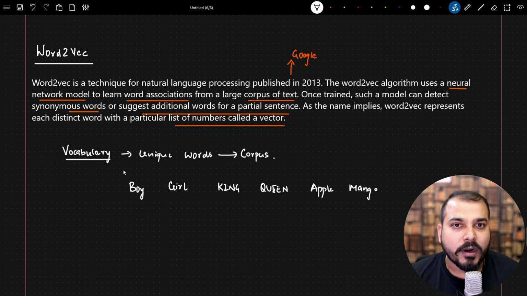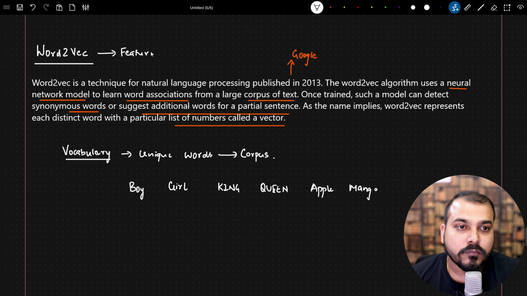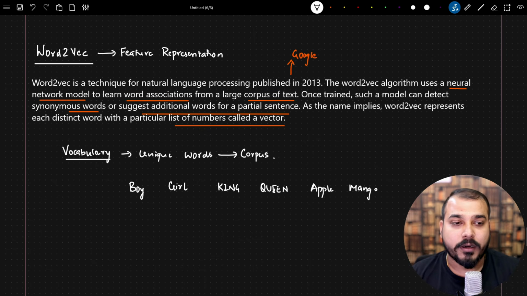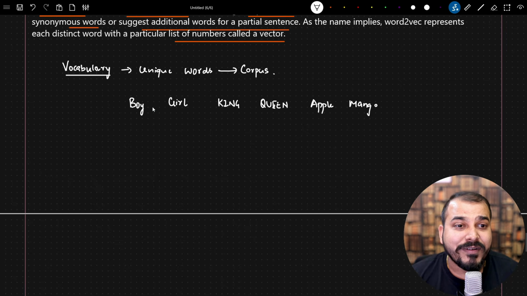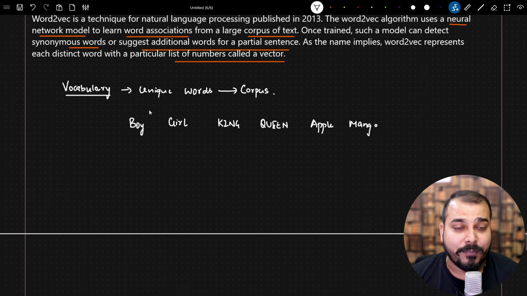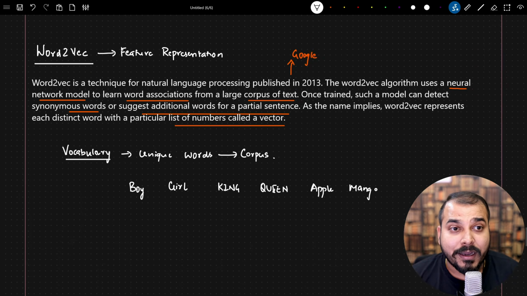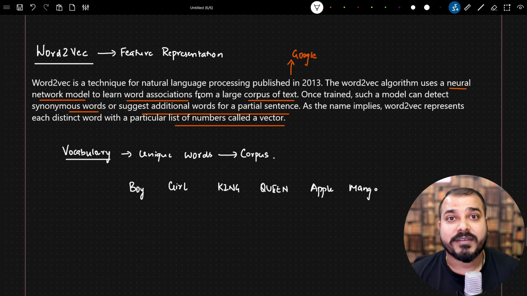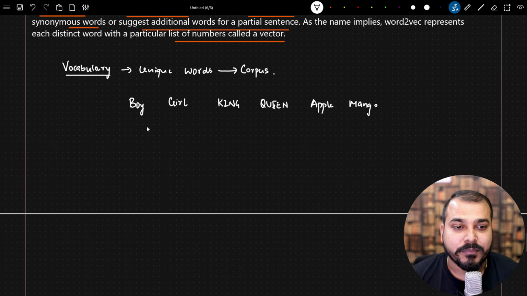Now one very important word I'm going to put up over here is called feature representation. Please listen to me very, very carefully, a very important topic. Now each and every word that is present in the vocabulary will be converted into a feature representation. Now what does this exactly mean?